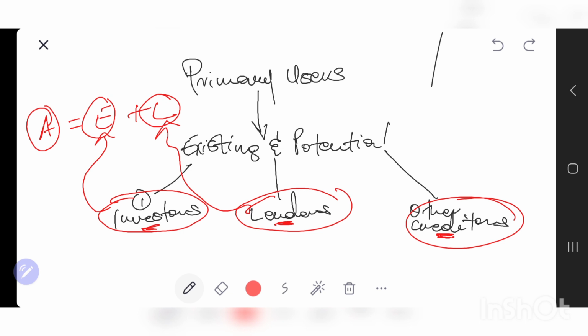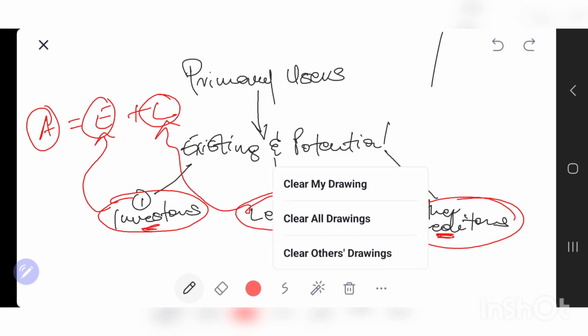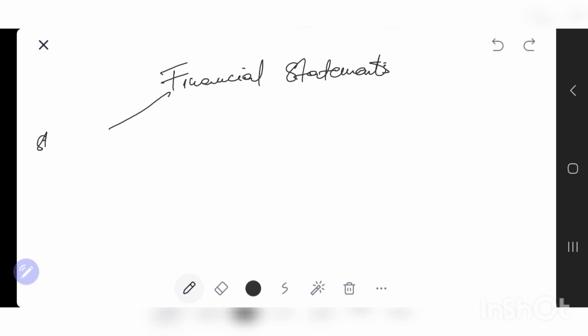So let's continue. The next topic is financial statements. Financial statements are the documents that form part of our financial information. The first statement that you prepare is called the statement of profit or loss.